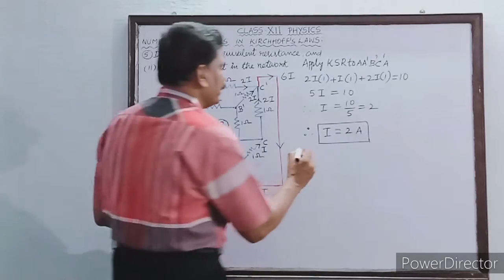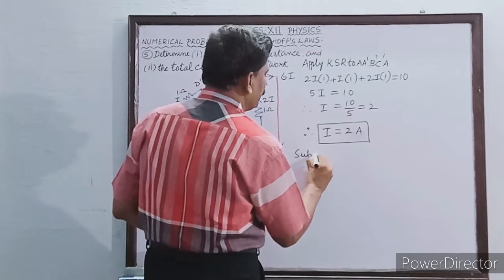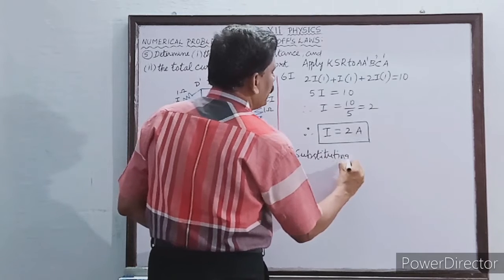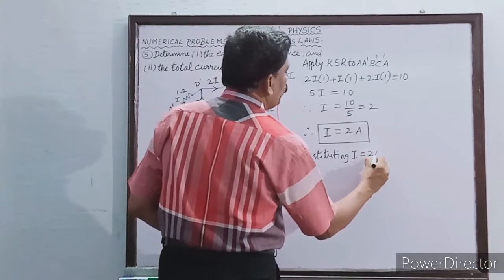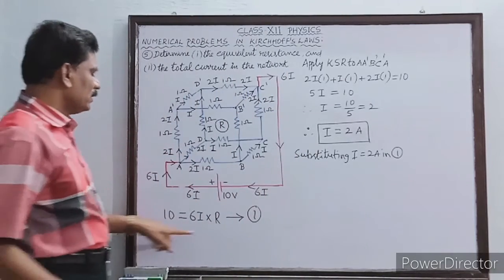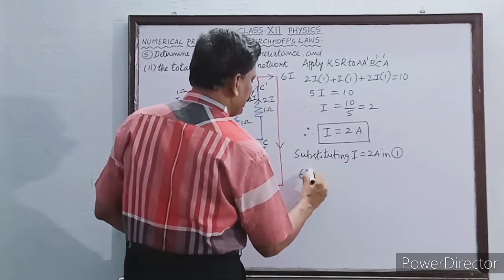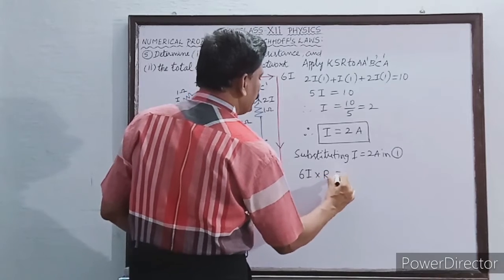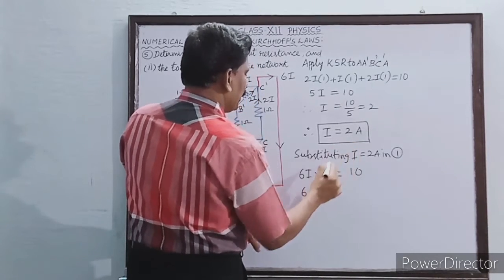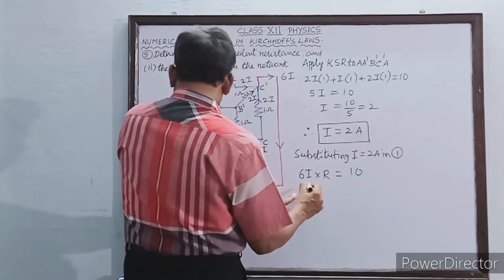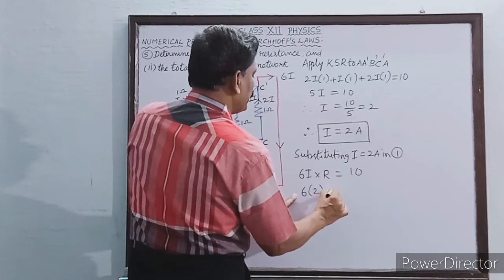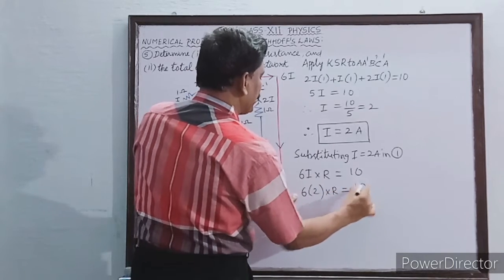So substituting I equal to 2 ampere in equation 1: 6I into R is equal to 10. The value of I is 2, so 6 into 2, into R, is equal to 10.